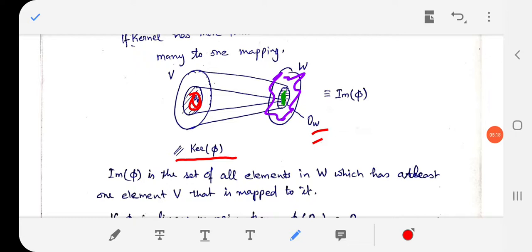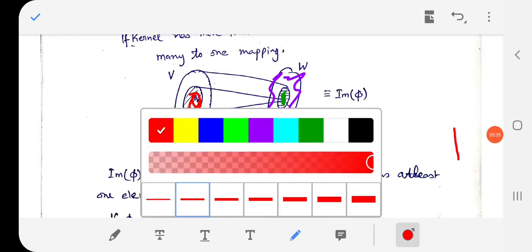Now the image of phi will definitely have the origin.